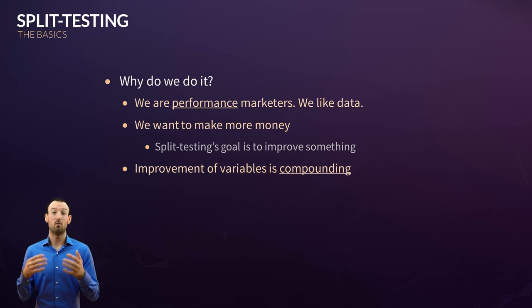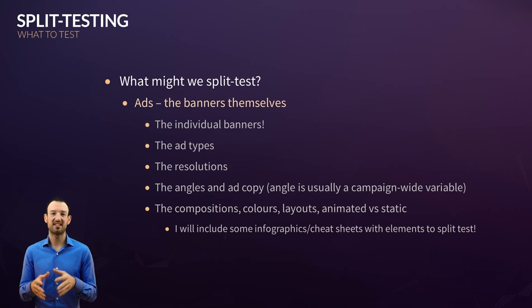Now, what might we actually test when we do split testing? The first place to start is the ads. So the banners themselves. We might split test the individual banners, the types of ads that we're using, whether they're static or animated, their specific sizes and resolutions, the actual angles and the ad copy that we use in these banners.